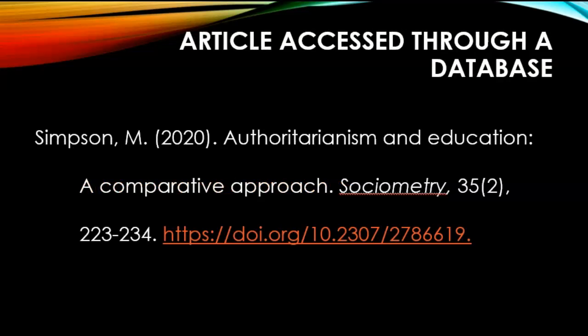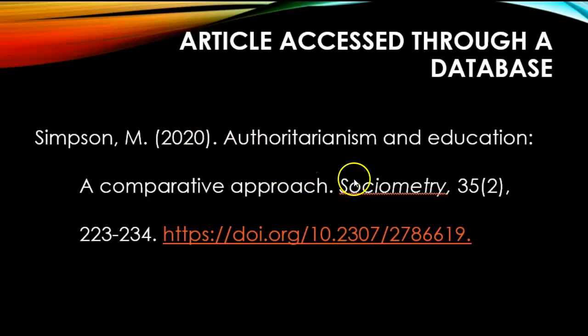For articles accessed through a database, provide the author's last name, comma, first and middle initials if available, followed by a period, year of publication within parentheses, followed by a period, title of the article, followed by a period. Notice that here the title of the article is not placed in quotation marks.